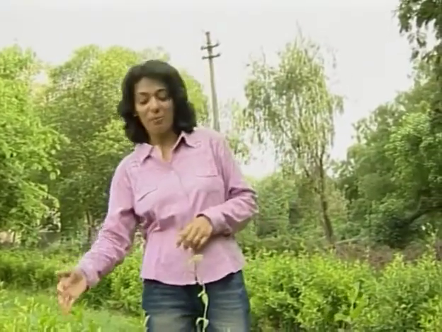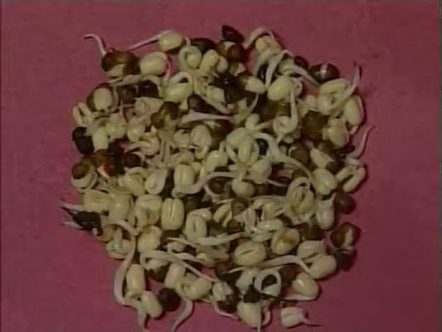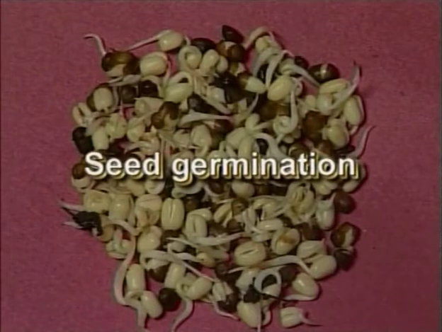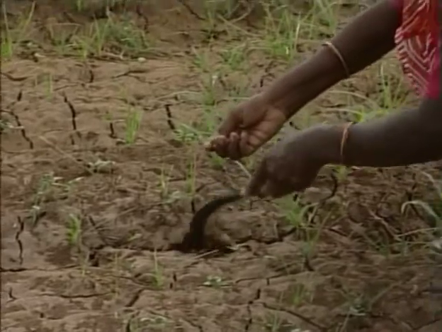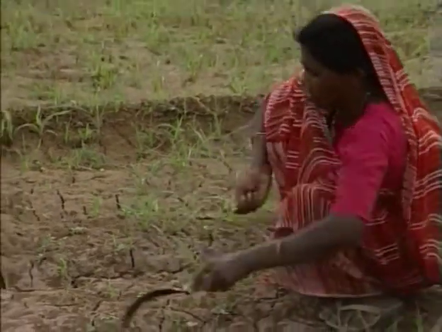Germination is the process in which seeds come out of the land to sprout, that is, sprouting time. Yes, we can call this the birth of the small plant. Seed germination. Seed germination is the initial stage of growth.